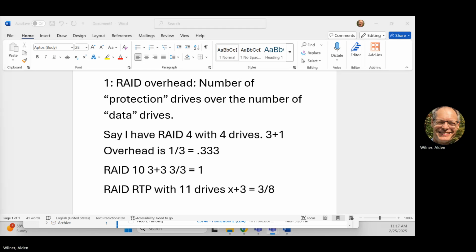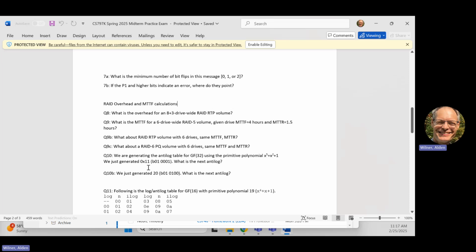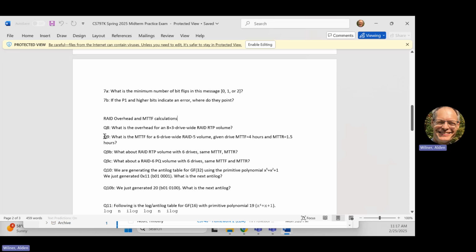Let's go back here. Question 9 and 10. Question 9 is MTTF, right? And question 10 is we're generating an anti-log table. So we're going to go ahead and build an anti-log table in a minute. So let's go ahead and do question 9.